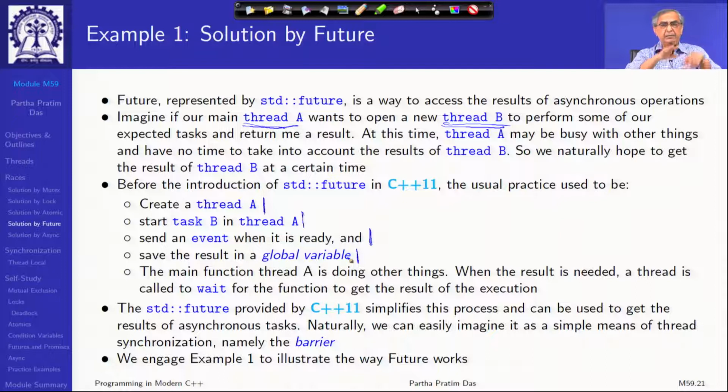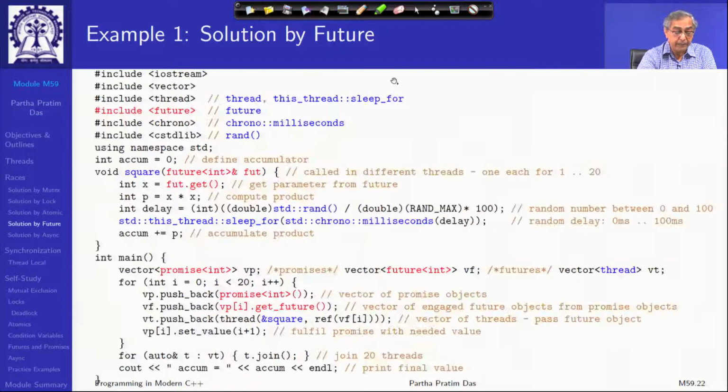Again, bad programming using a global variable, but nothing can be done. Then thread A is doing other things, and when the result is needed, it calls a wait function, so that if thread B has finished, then A gets that result. Now, that whole functionality is compactly given by future. Future and promise go hand in hand.